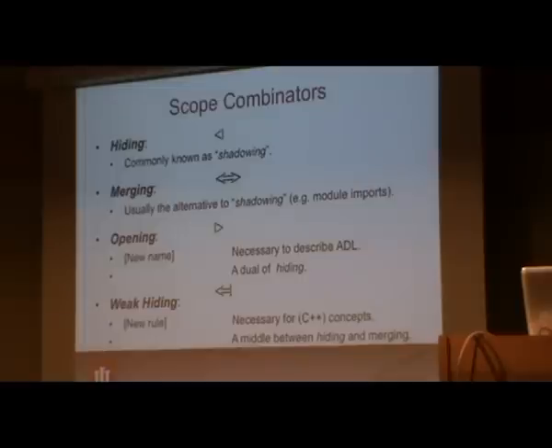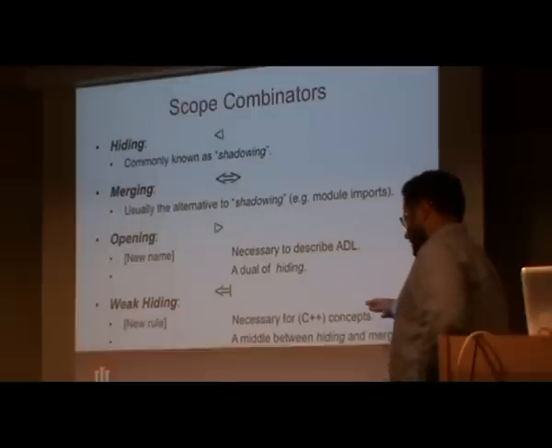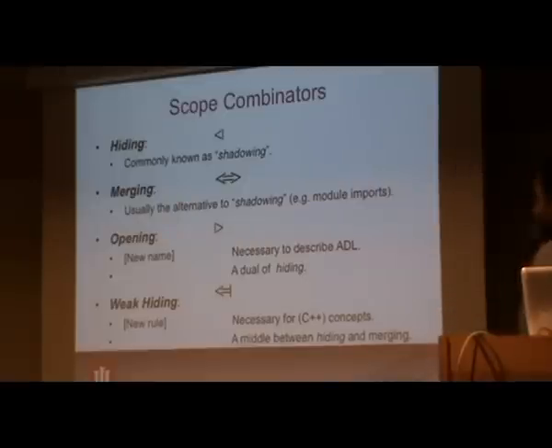We had to design it for describing argument-dependent lookup, which in C++ is one of the most confusing parts of name binding, where the names of lookup depend on the arguments that you use them with. And then we have weak hiding, which we have used to describe some features that we were playing with for C++ concepts. Weak hiding is not a purely syntactic operator, while hiding is purely syntactic.